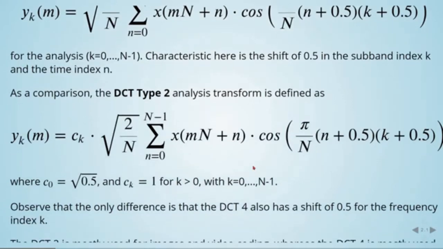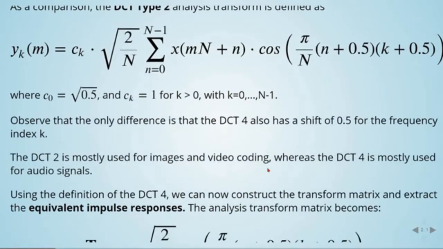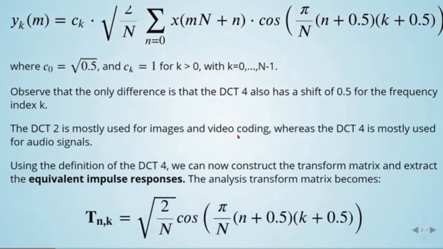So observe that the only difference is that the DCT4 also has a shift of 0.5 for the frequency index k. The DCT2 is mostly used for image and video coding, whereas the DCT4 is mostly used for audio signals.